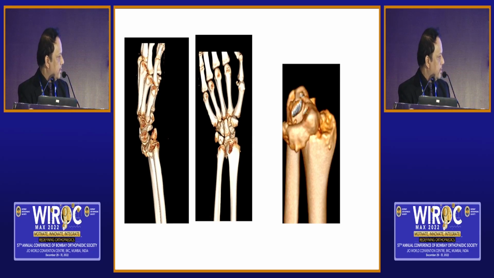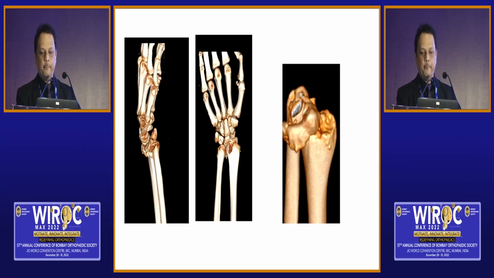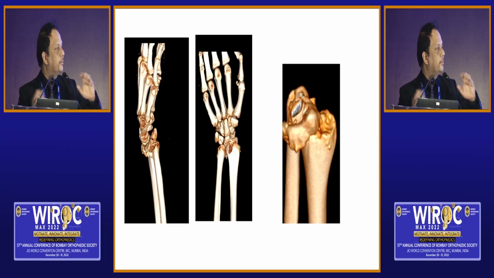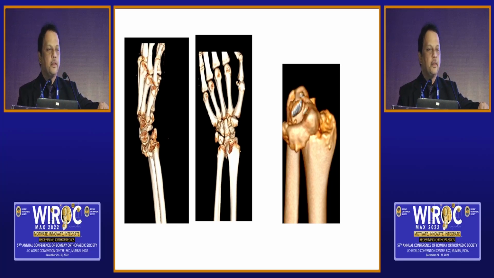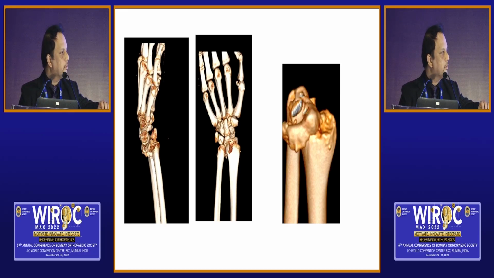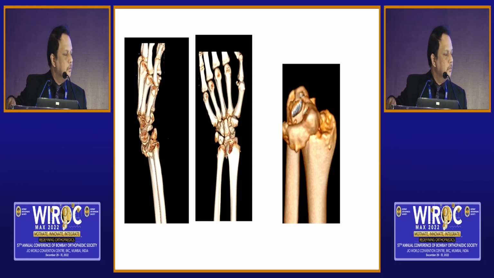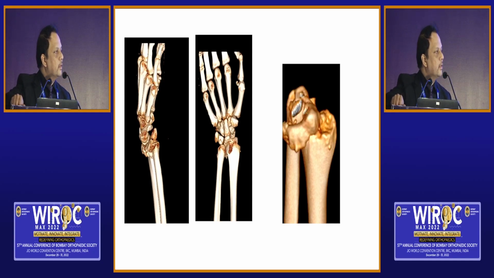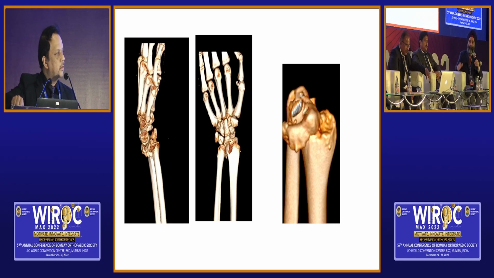Dr. Harpal, would you like to comment on this? For one thing for sure, this goes as an open reduction and might need an extensile approach. You might need to go onto the lateral surface of the styloid and also on the volar, of course.